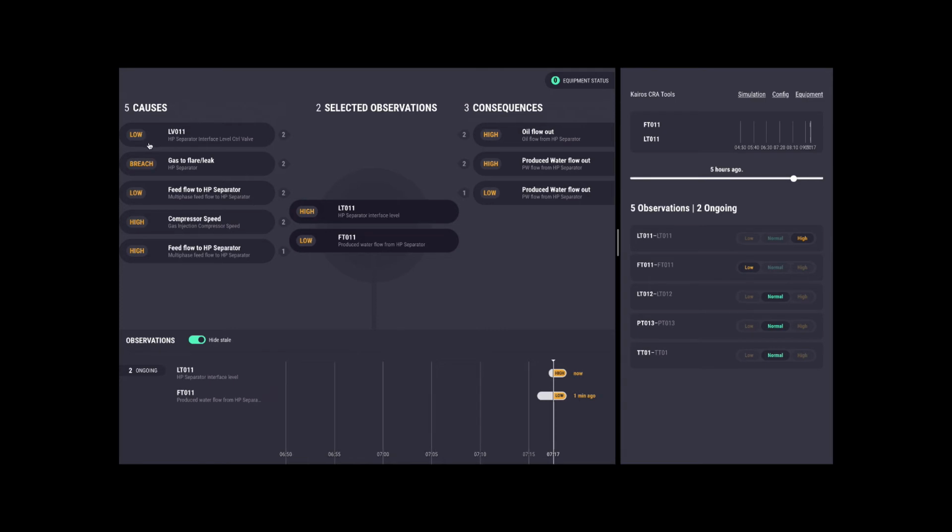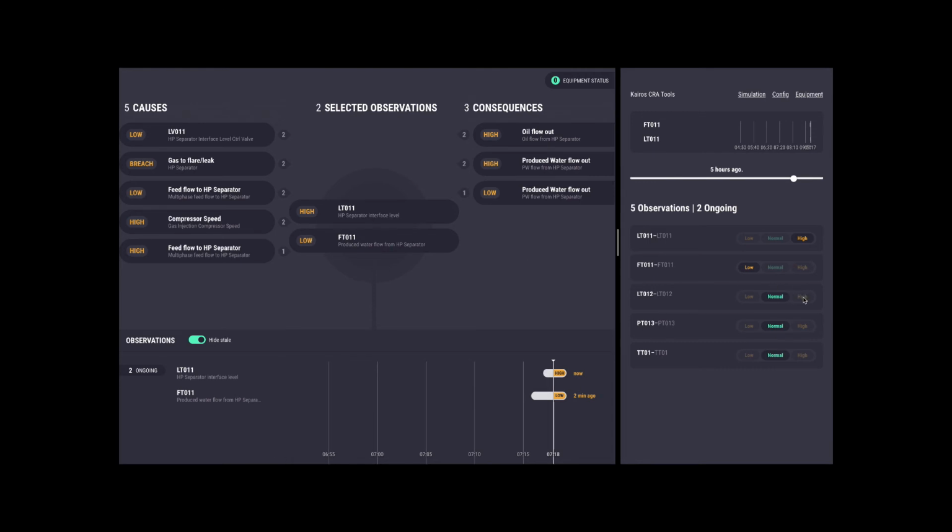So this indicates that the valve is closed. What our AI, our algorithm, does is use these observations to search through our models and find all potential causes and consequences of these observations, and then rank them depending on how likely they are.